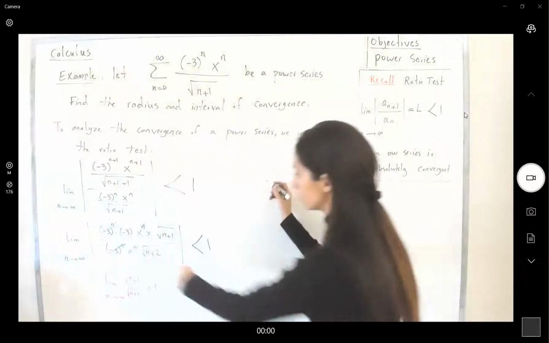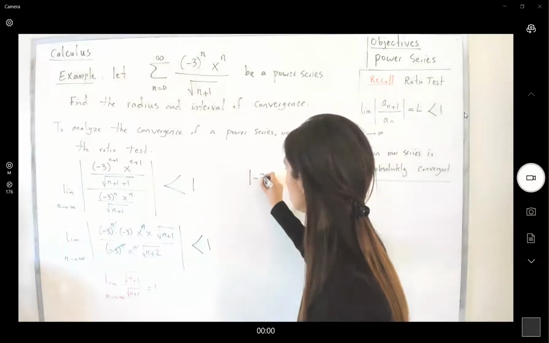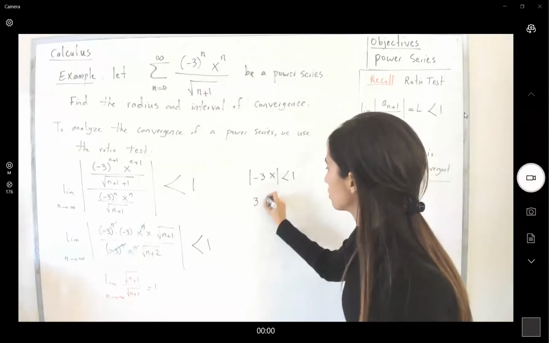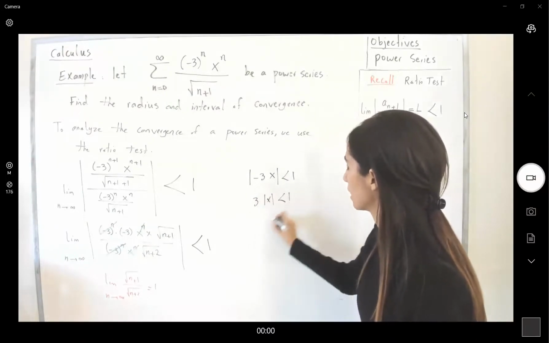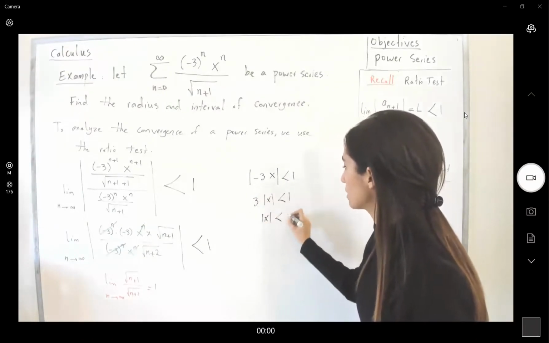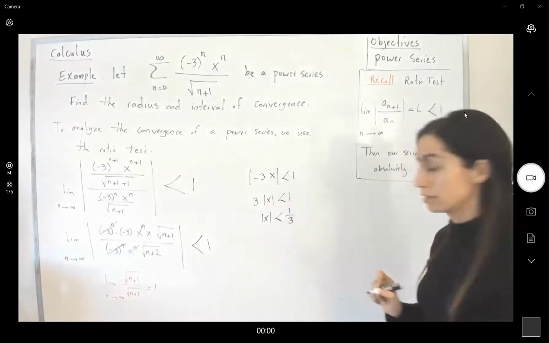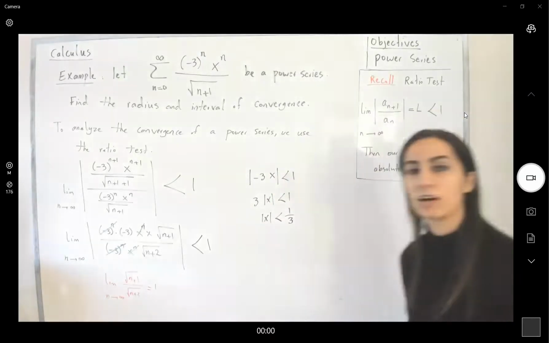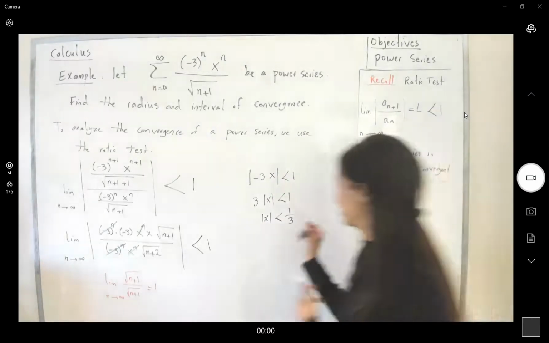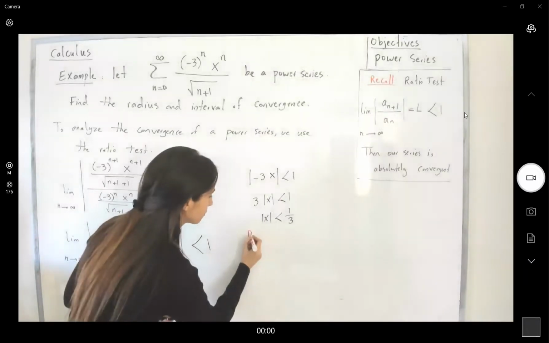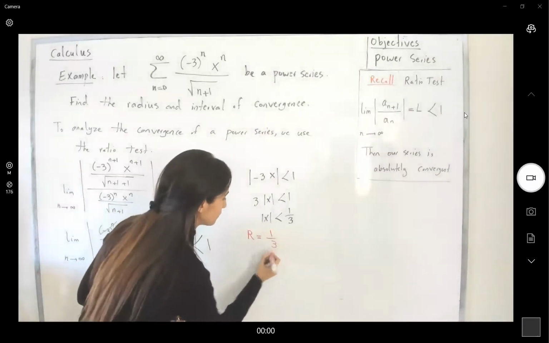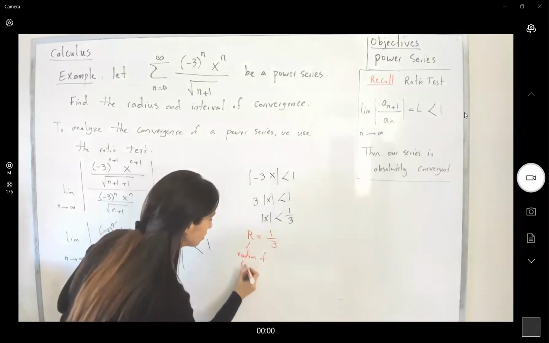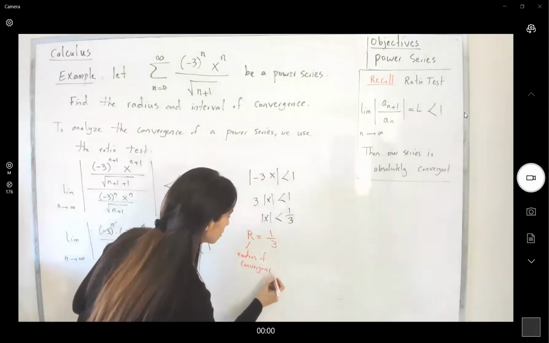It means that we get the absolute value of negative 3 times x is less than 1, or 3 times absolute value of x less than 1, or absolute value of x is less than a third. This is your R. Radius of convergence is a third.